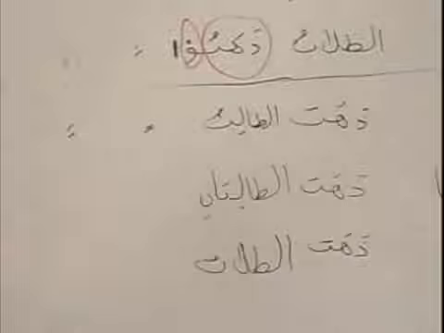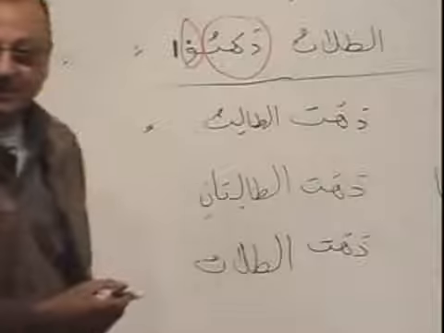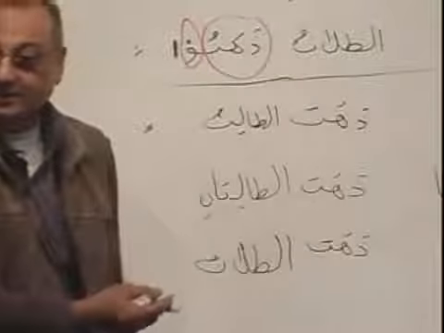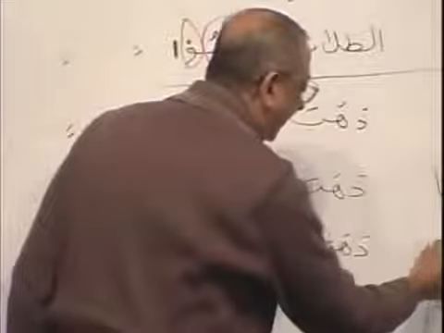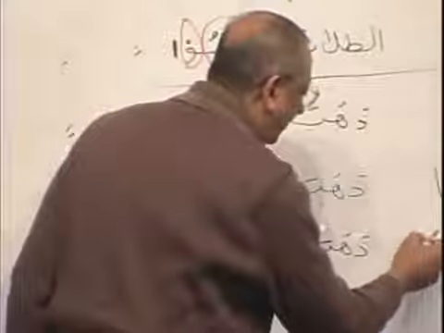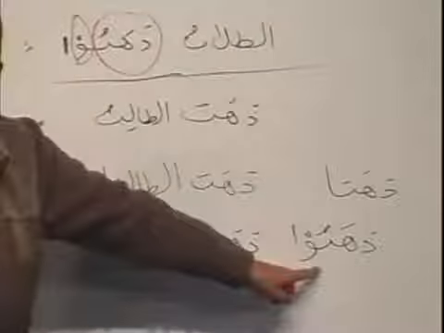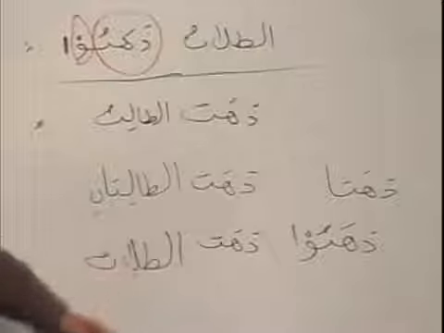Many of you will be tempted to say zahabu at-tullabu, because you say it's a jama', so I use jama'. If you say zahabu at-tullabu, brothers and sisters, you have a fa'il here and you have a fa'il here.